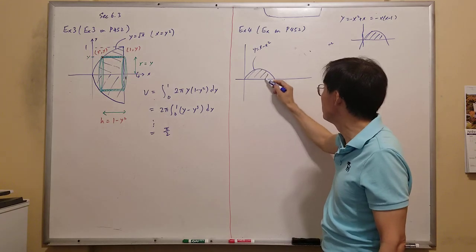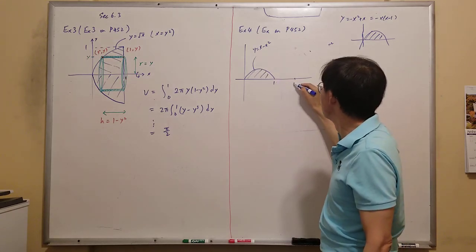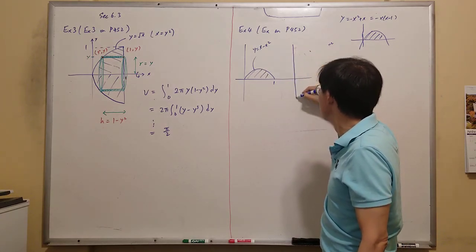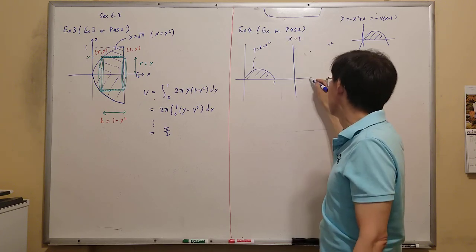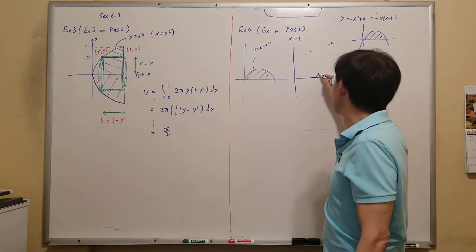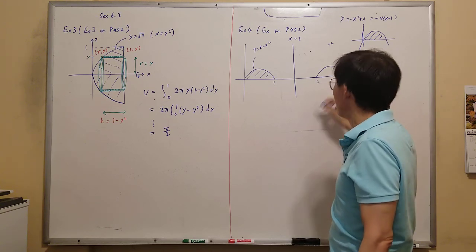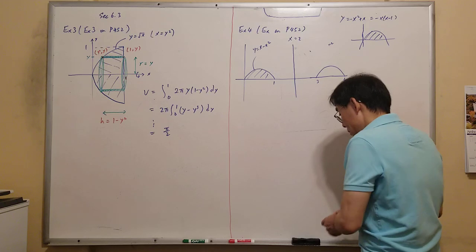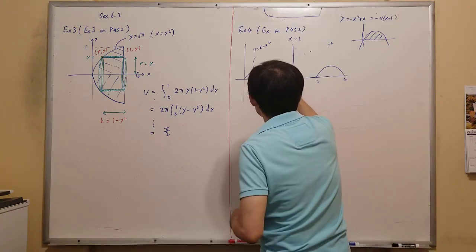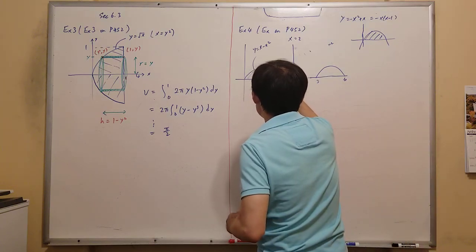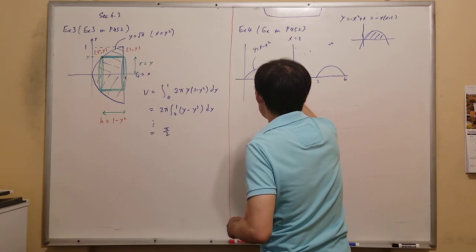This region will be rotated around x equals 2. Alright? Then you're going to have this over here, 2, 3, and 4. Again, you want to consider the cylindrical shell. This is better with the cylindrical shell.